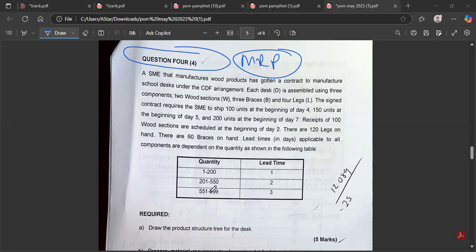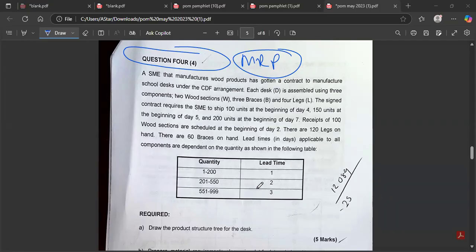Are you able to see this question? Yes. Read the question for us, boss.